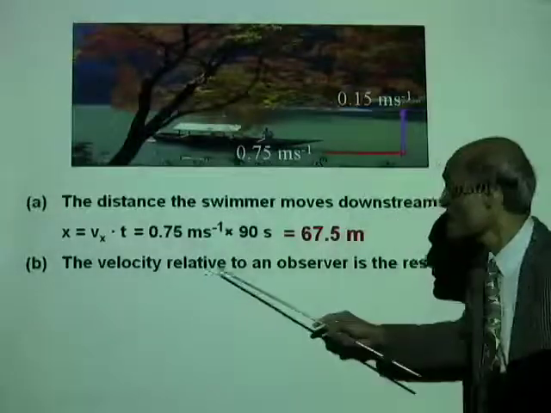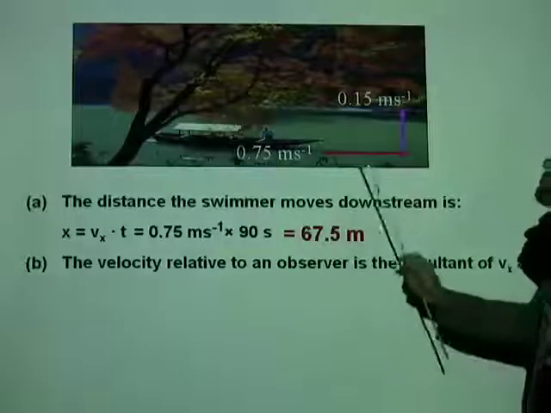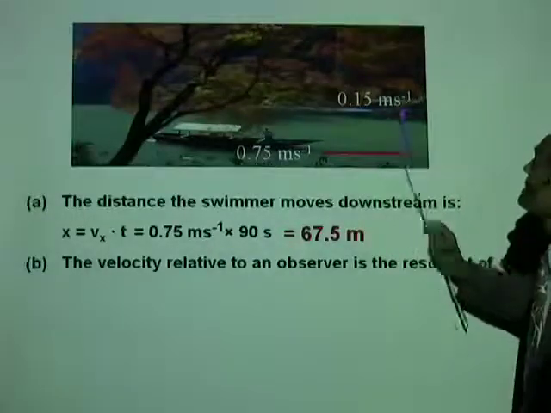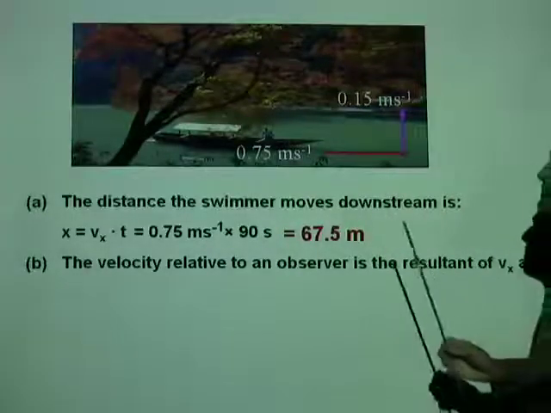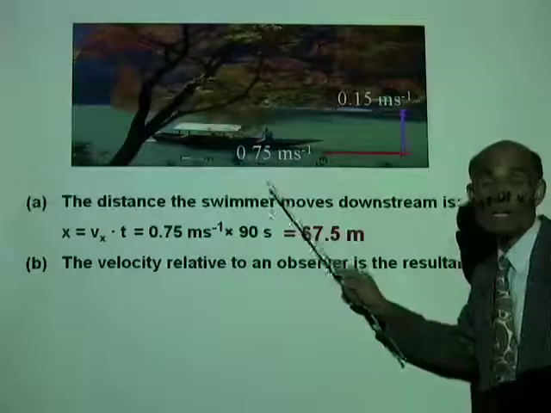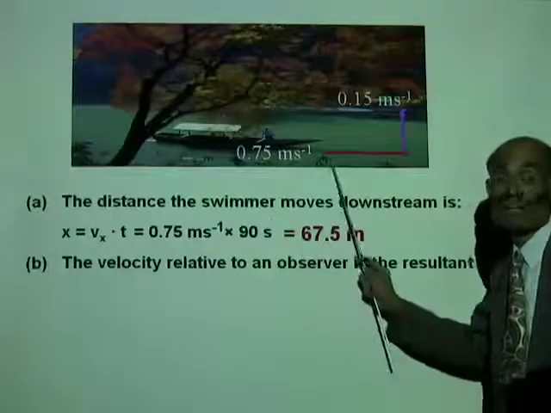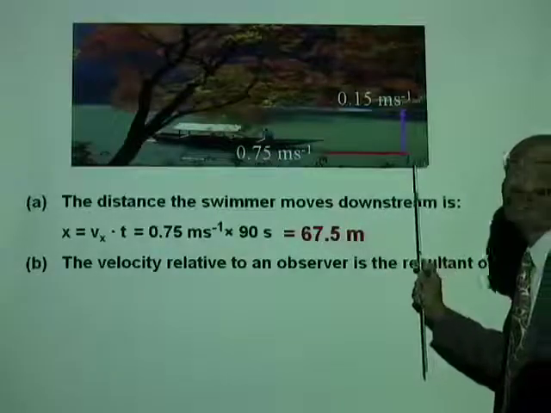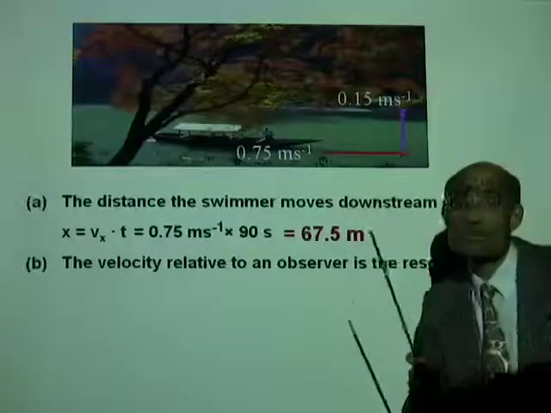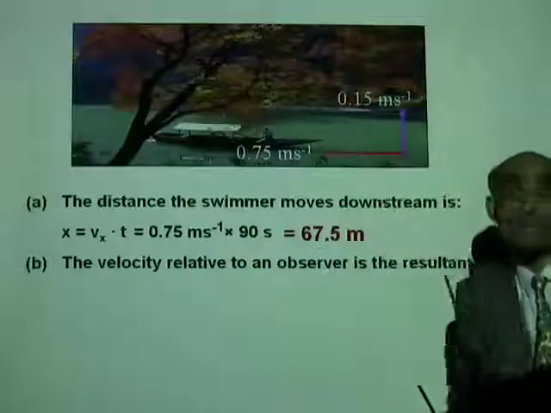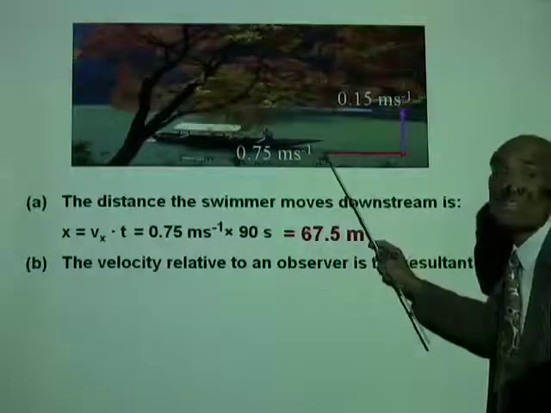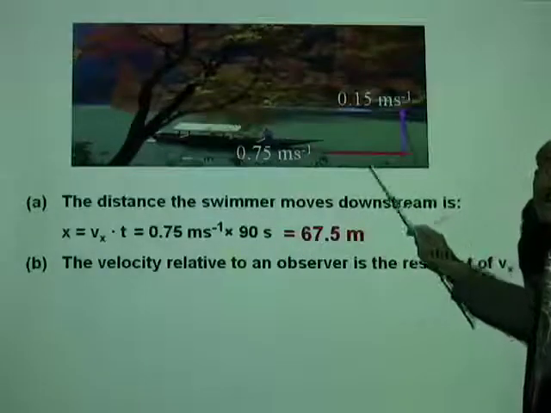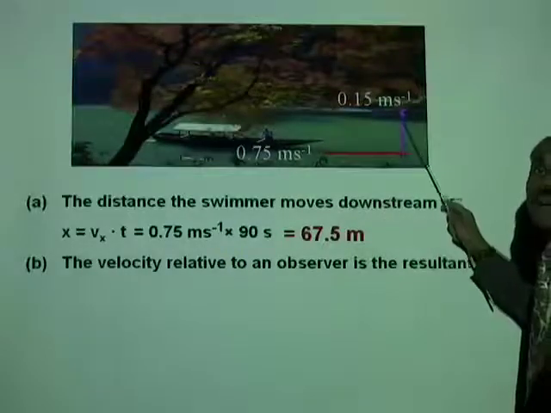The velocity relative to the observer is the resultant of these two velocities. When an observer looks at the swimmer, he will not see the swimmer going exactly down. He will not see the swimmer going exactly across the river, but he will see the swimmer going at an angle somewhere that way.